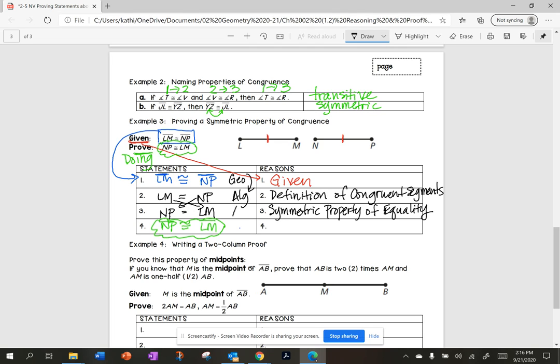And then I'm going to switch from algebra back to geometry. So I'm going to go from distance to shapes. And again, that's definition of congruent segments.